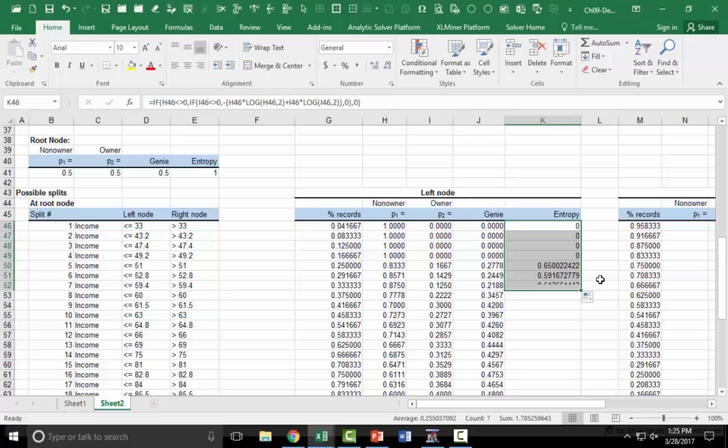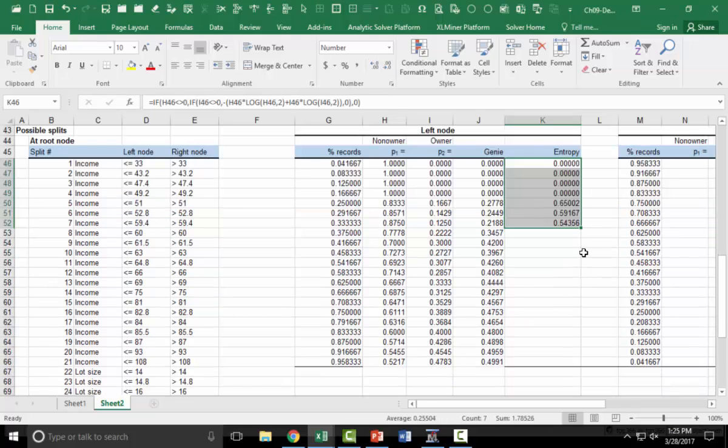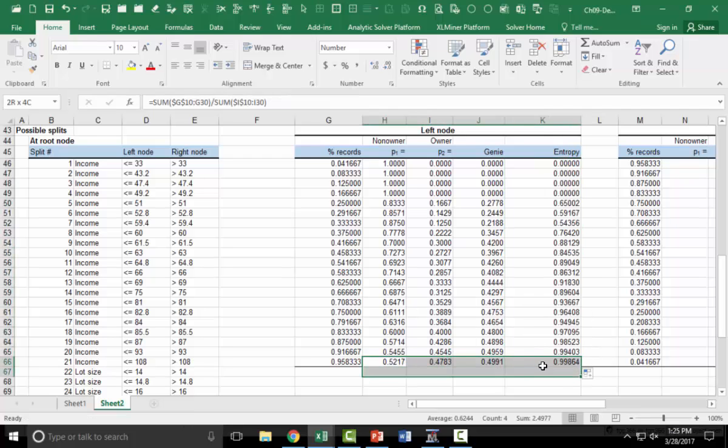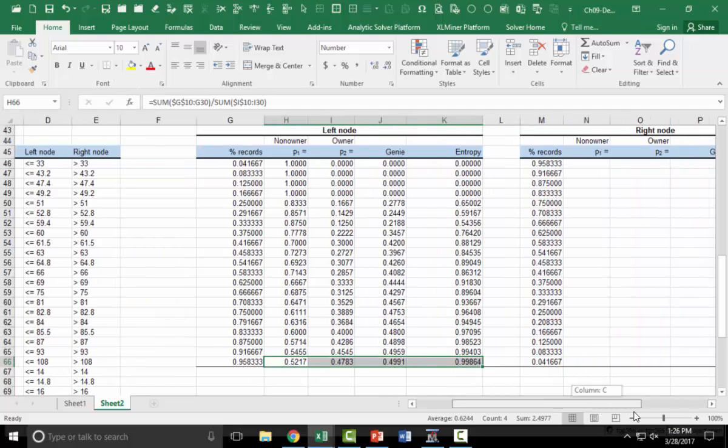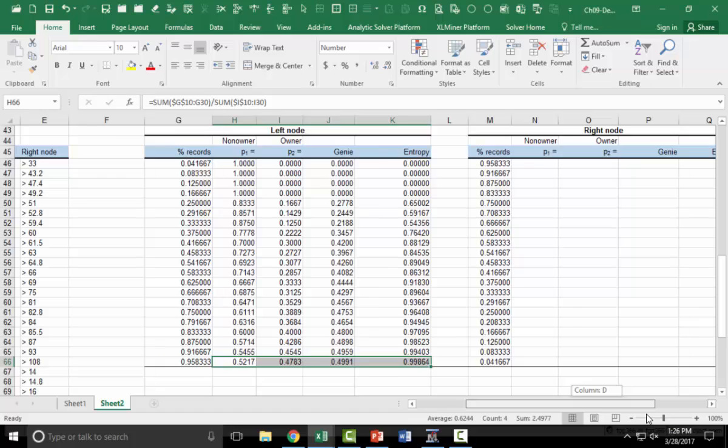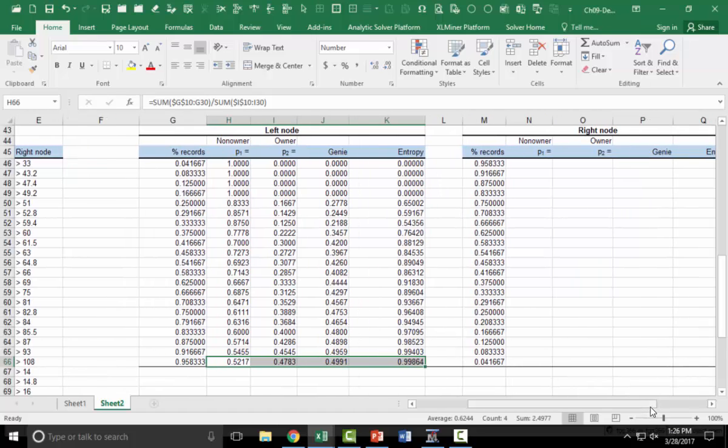Now we have to repeat that for the right side node.